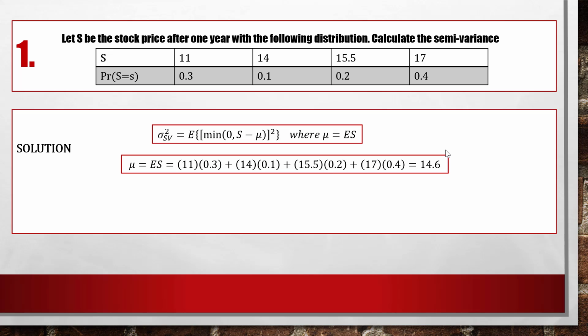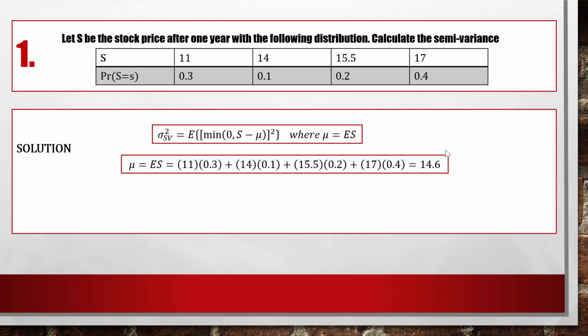Now if we follow the formula of semi-variance, we basically have to ignore the positive deviation and focus on the negative deviation. Here the first number is 11. 11 minus 14.6 is negative 3.6, which is a negative deviation, so we are going to work on this deviation. Number 14: 14 minus 14.6 is negative 0.6, which is a negative deviation, so we also can calculate based on this deviation.